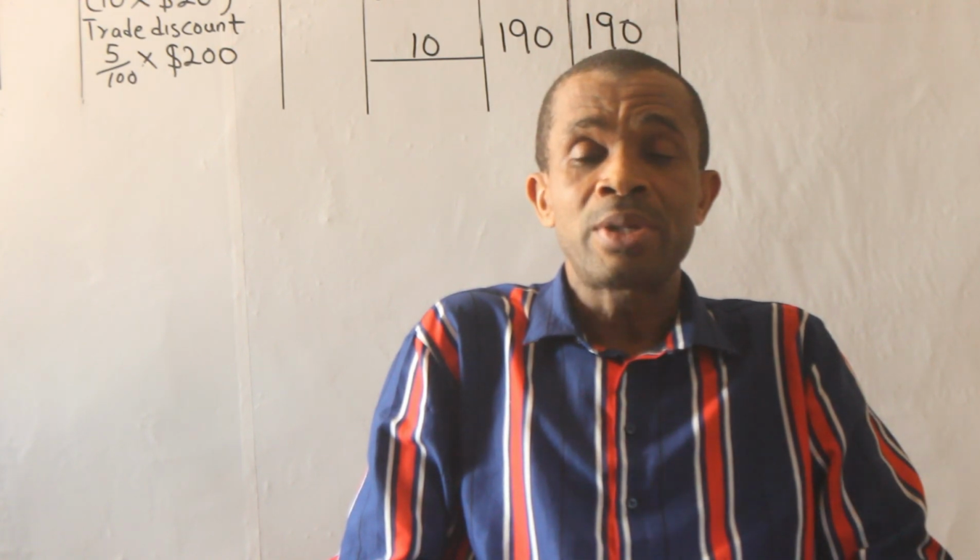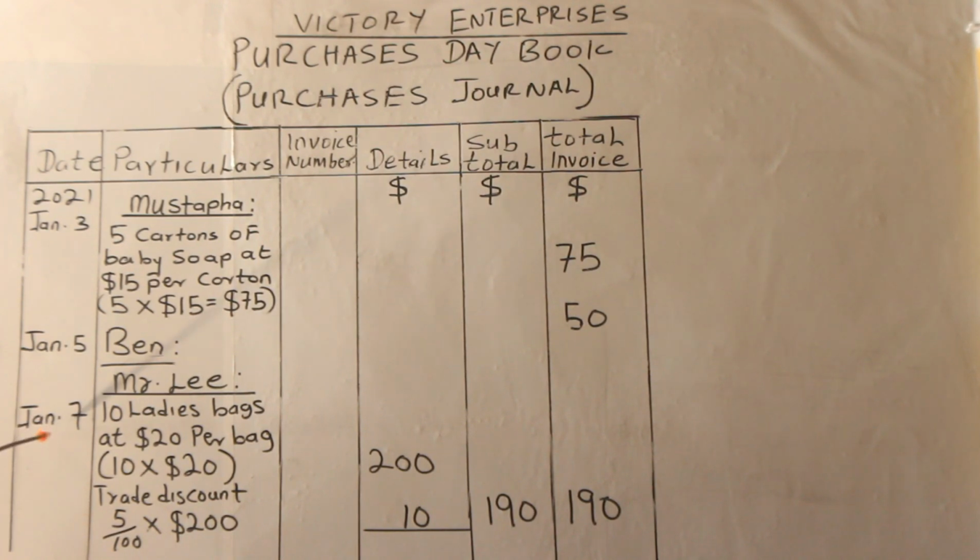Let's see how this will be recorded in the purchases table. So we have on January 7th, the person we purchased from is Mr. Lee. His name is written here. What we purchased from Mr. Lee is 10 ladies' bags at $20 per bag. That is 10 bags times $20. That gives us $200.